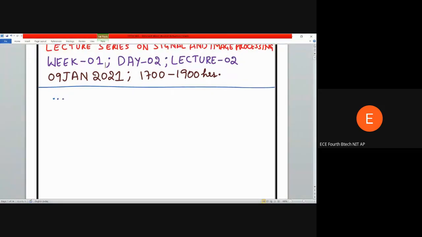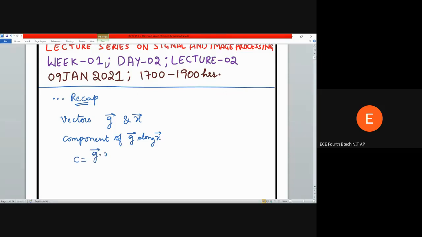In the last class, we tried to define two vectors, g bar and x bar, and we tried to calculate the component of g bar along x bar, and we found that the component c is equal to g bar dot x bar divided by mod x bar square.